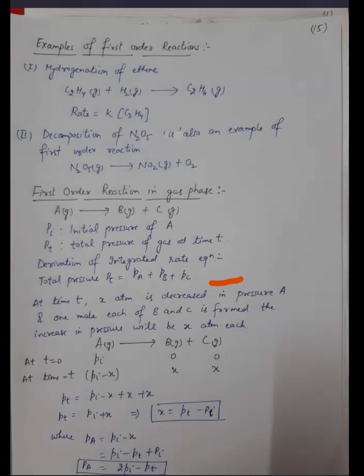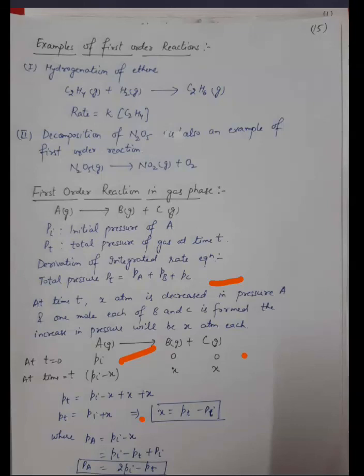So at t equal to 0, the initial pressure of A is Pi, and 0 and 0 because the reaction has not started. At time t, Pi minus x is the decrease in the pressure of A, and x is the increase in B and x is the increase in C. So total pressure is equal to Pi minus x plus x plus x. We get Pt is equal to Pi plus x, so x is equal to Pt minus Pi.